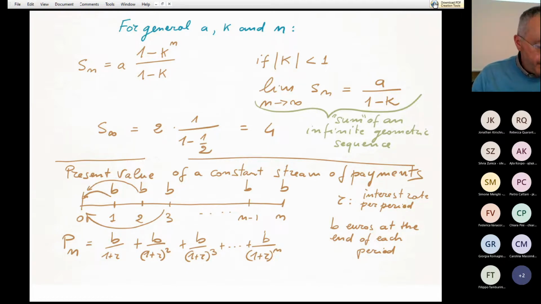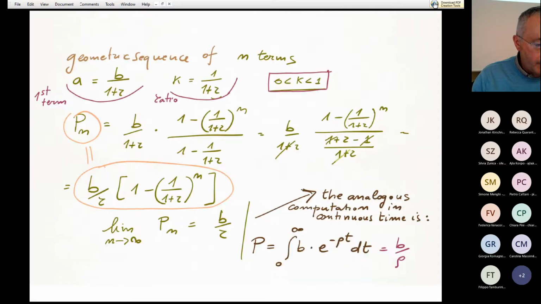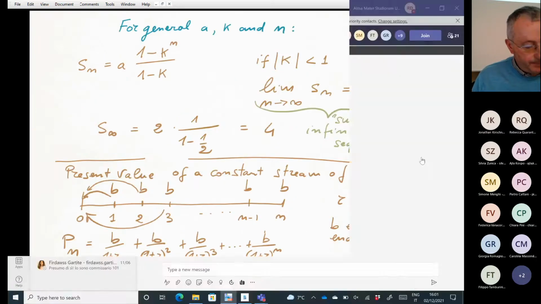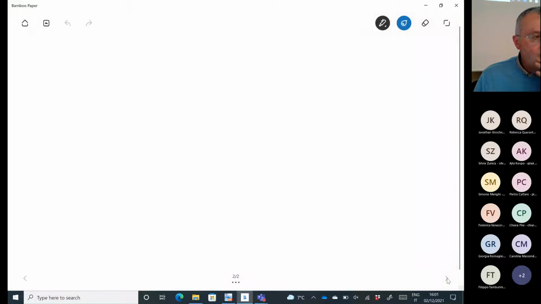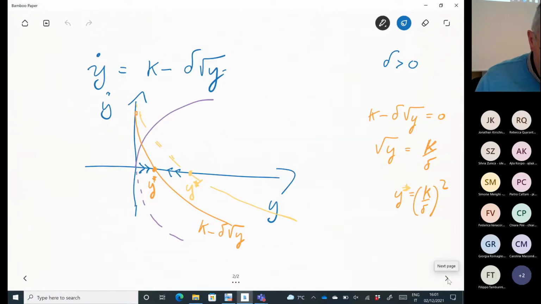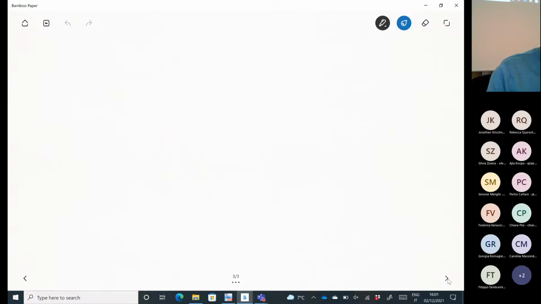so basically, here are two more examples just to make things clear. Suppose that you have a geometric sequence which is like this. A is equal to 8. K is equal to 3 over 4.